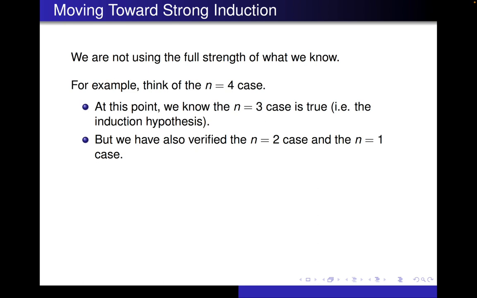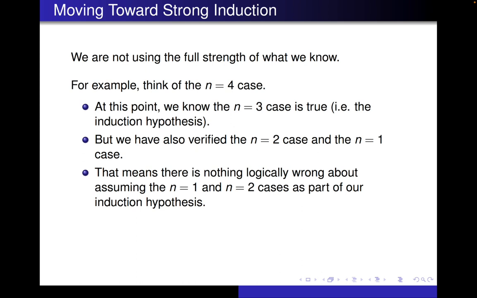And if we're really thinking about it, when we proved that n equals 2 case, we had to use the n equals 1 case as well. So by the time we get to the n equals 4 case, we've already proved the n equals 1 case, we've already proved the n equals 2 case, and we've already proved the n equals 3 case. So the question becomes, if we've already proved those, why can't we use those to prove the n equals 4 case?